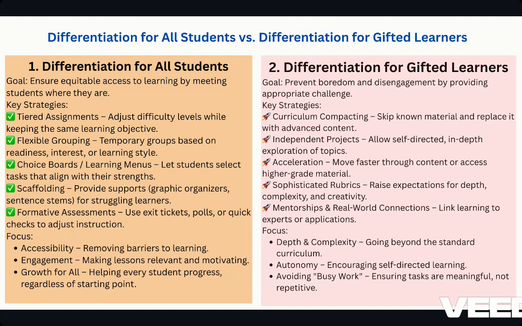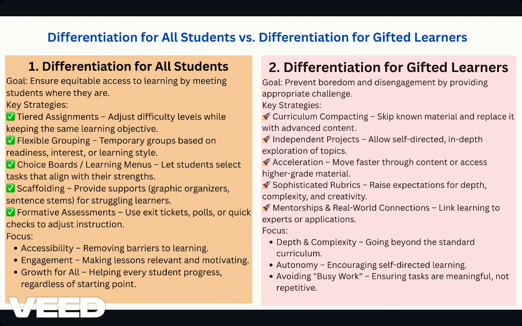By adjusting different levels while keeping the same learning objective: tiered assessments, choice boards. We can make flexible groupings, and scaffold with graphic organizers and sentence stems. We can also design formative assessments like exit tickets, polls, and quick checks to adjust instruction with timely feedback.